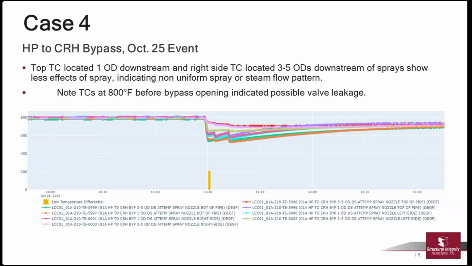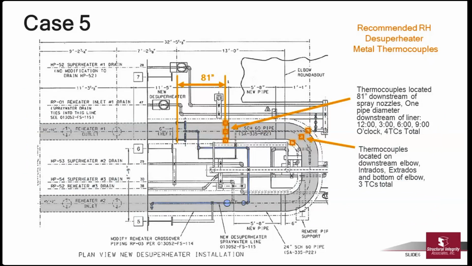Go ahead. This is a thermocouple arrangement on an interstage attemperator, and this is, I'd say, so typical of earlier units where there's definitely not enough downstream distance between the sprays and the downstream elbow. So getting spray impingement on that downstream elbow is not unexpected, for a lot of reasons.